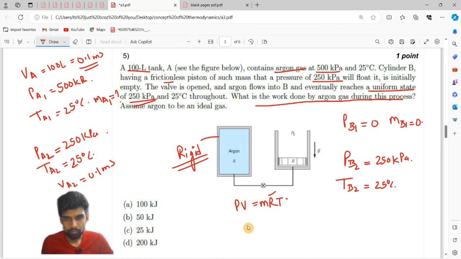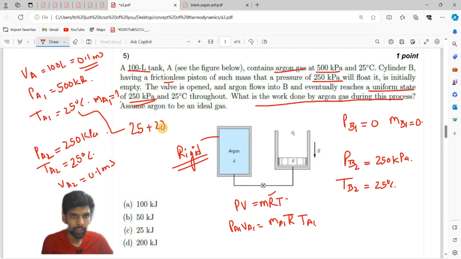For state 1 we can write PA1 VA1 equals MA1 R TA1. One more thing you need to be careful about: while substituting the temperature in the ideal gas equation, you need to convert it to absolute form by adding 273. So it would be 298 Kelvin.